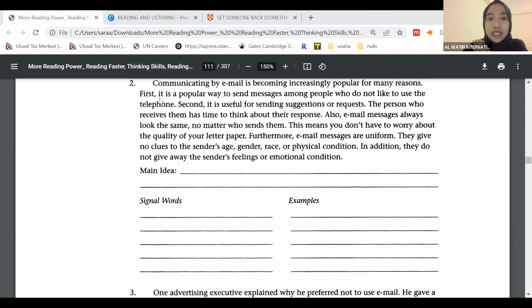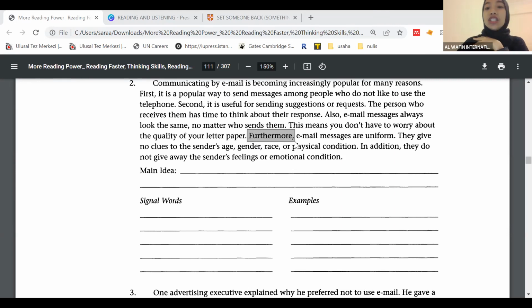First, it is a popular way to send messages among people who do not like to use the telephone. Second, what about furthermore?